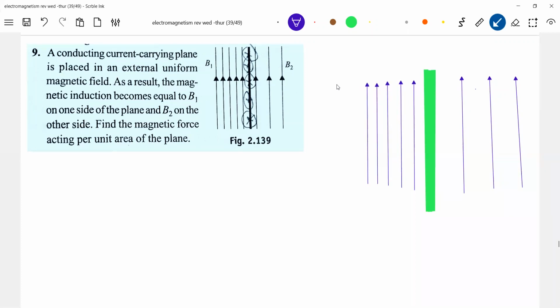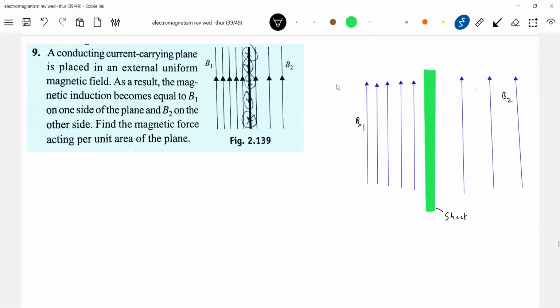Look at that. There's a direction of magnetic field. So there's a sheet, a current carrying sheet. There is an external field, the current carrying sheet kept in an external field, and we do have the field on this side, it is B2.